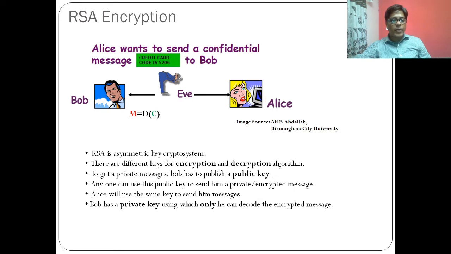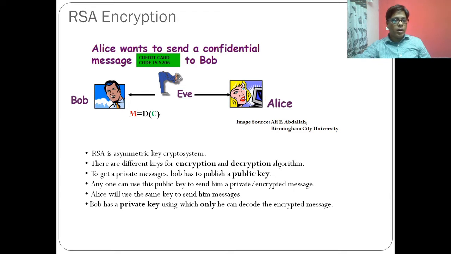To get a private message, Bob has to publish a public key. Now, the public key will be used by Alice to encrypt the message, generate the ciphertext, and send it to Bob.